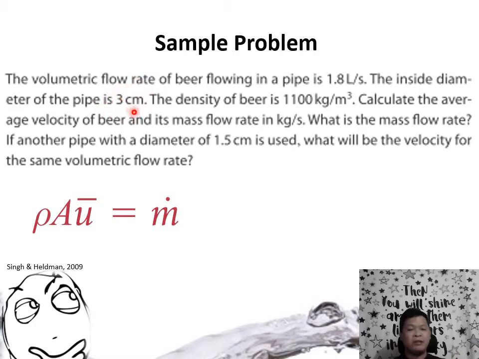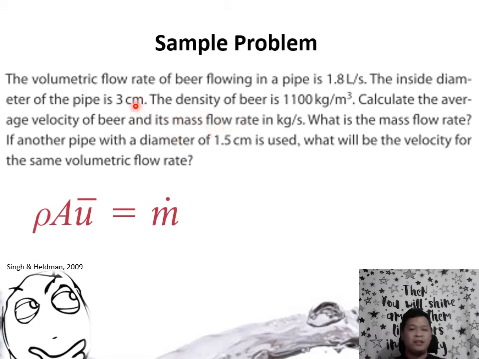So take note when calculating your area from your diameter, we should differentiate between diameter and radius, since usually the formulas we know for area are in radius, which is in this case pi r squared or pi d squared over 4. So please be careful when using that.